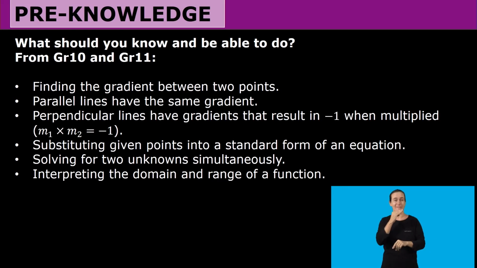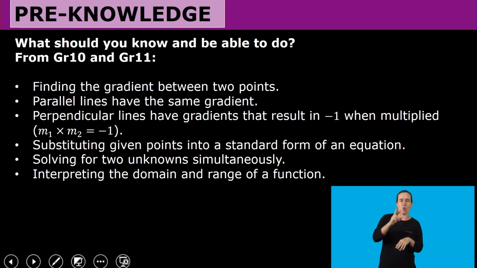That is the gradient of one line multiplied by the gradient of another line should give you -1 if they are perpendicular. Then also substituting given points into a standard form of an equation, solving for two unknowns simultaneously, and of course, interpreting the domain and range of a function. So those are the things that you should know from your lower grades.